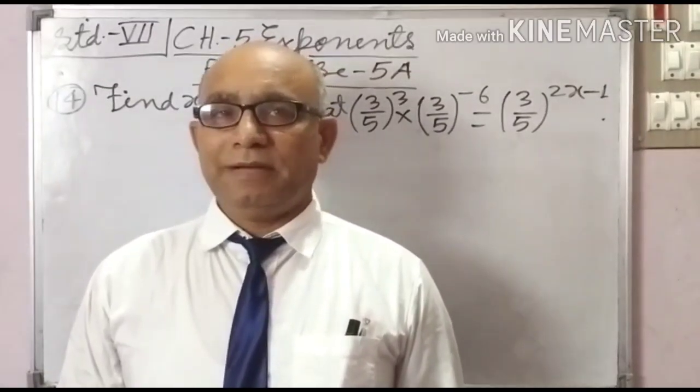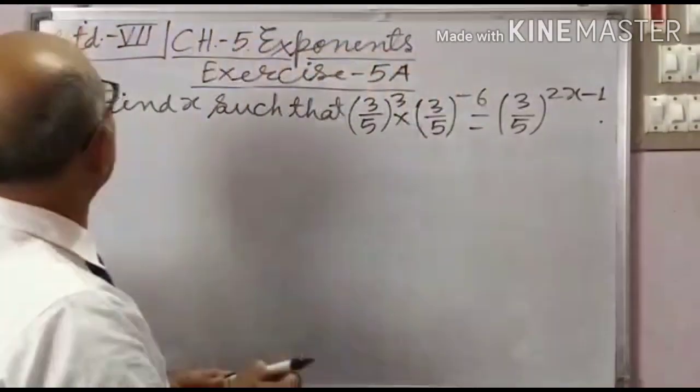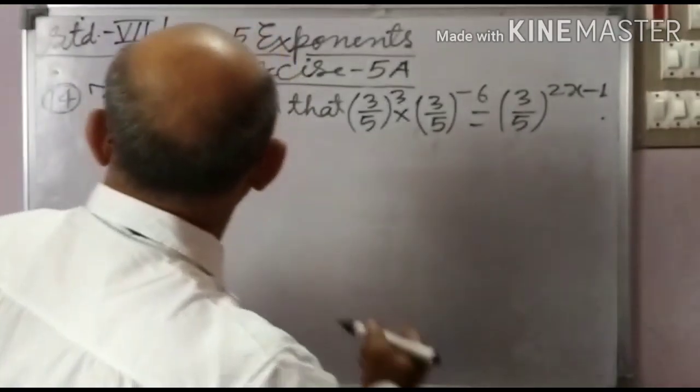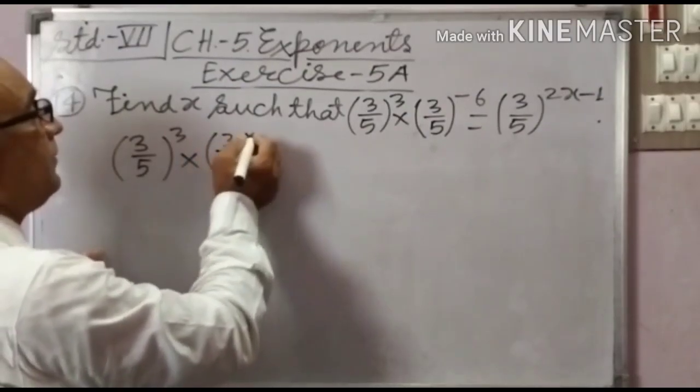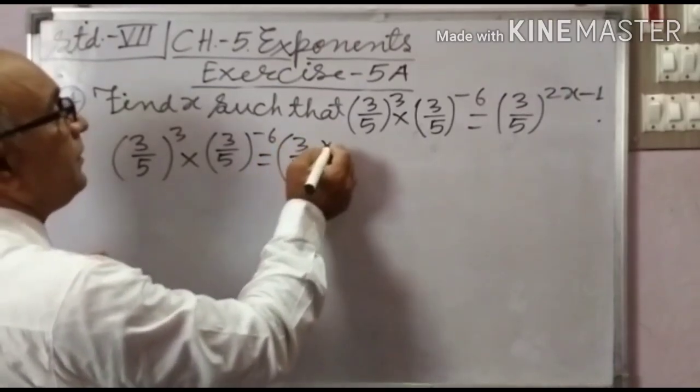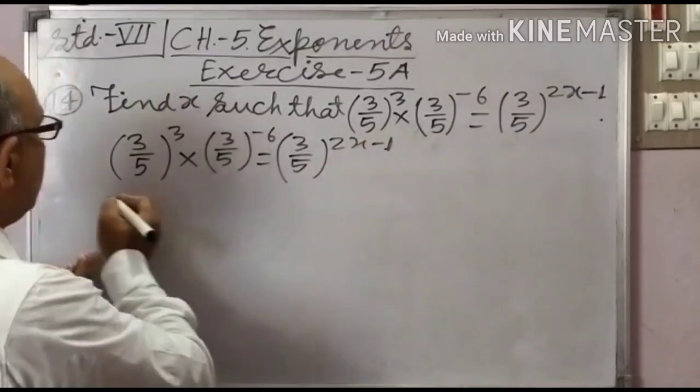Question number 14. Find x such that 3 by 5 to the power 3 into 3 by 5 to the power minus 6 equals 3 by 5 to the power 2x minus 1.